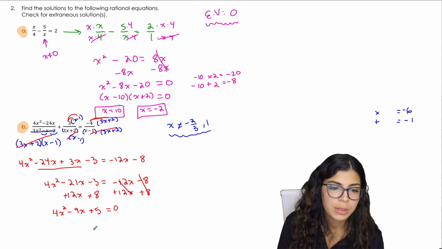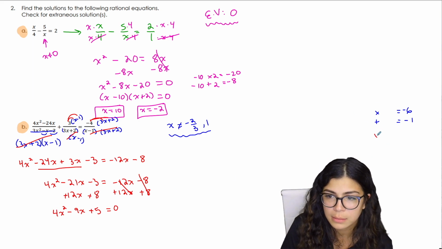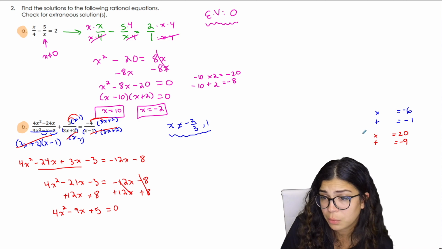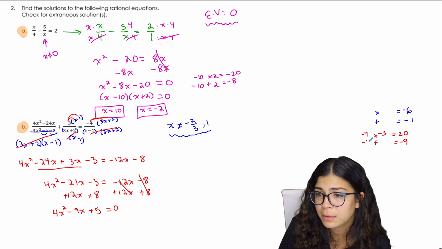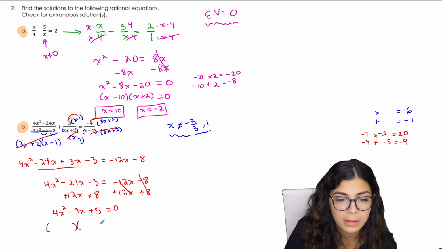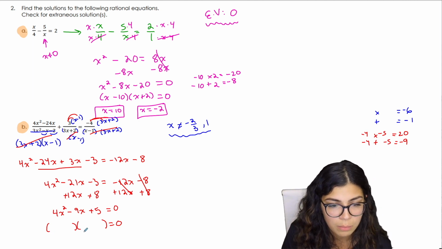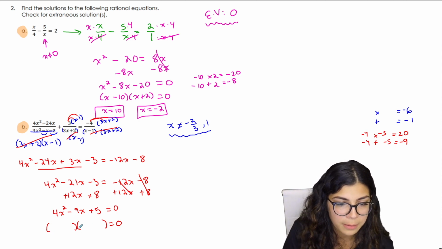Okay, so here's another one that you can rainbow over, multiplies to 20, adds to negative 9. You can find those two things would be negative 4 times negative 5, negative 4 plus negative 5. But I'm just going to use the reverse FOIL method of just thinking. We could have 2 times 2, but the only things that will multiply to 5 will be 1 and 5.